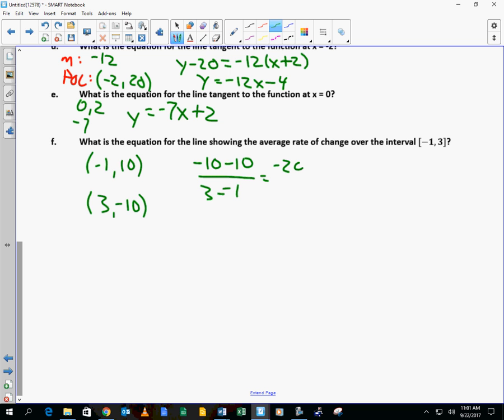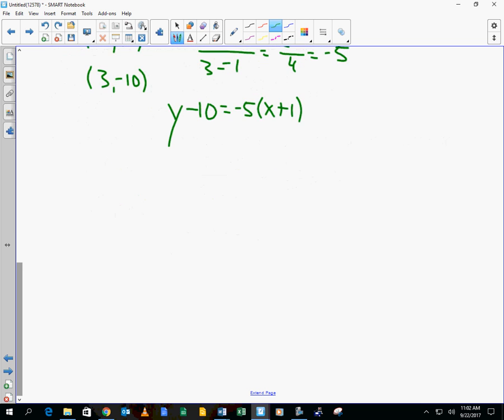I get -20 over 4, which is -5. So I know that the average rate of change is -5. It says it wants the actual equation for the line that shows that. Just pick one. Yep. So I'll go y minus 10 is equal to -5 times x plus 1. Or y equals -5x plus 5. What do you think about that?